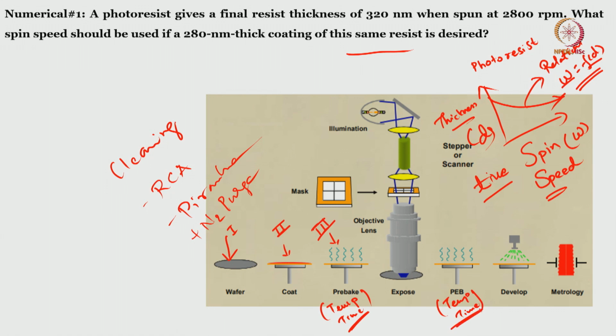Exposure is the key step in any lithography process, which starts from illumination, goes through this condenser lens through some strategy known as stepping and scanning, and mask. This is our main input, or design which you want to finally pattern onto your wafer.